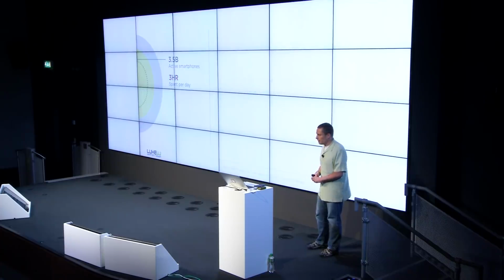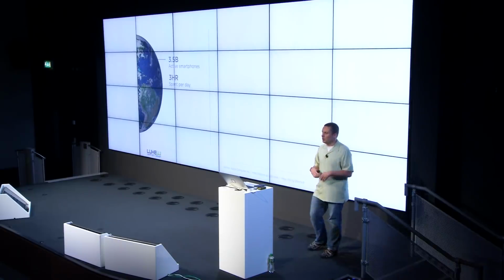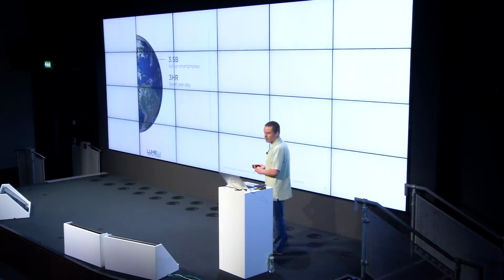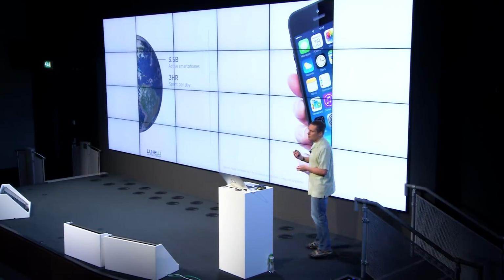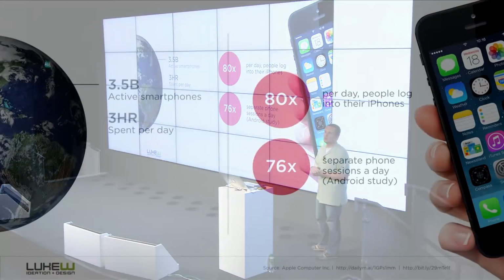All right, coming back to our mobile planet for a second. What I want to do is look at these 3 hours of use for a second. We know what happens in native apps, but what do these sessions actually look like? Like, how often are they happening? Apple released some numbers not that long ago where they said, look, people are unlocking their phones about 80 times a day.